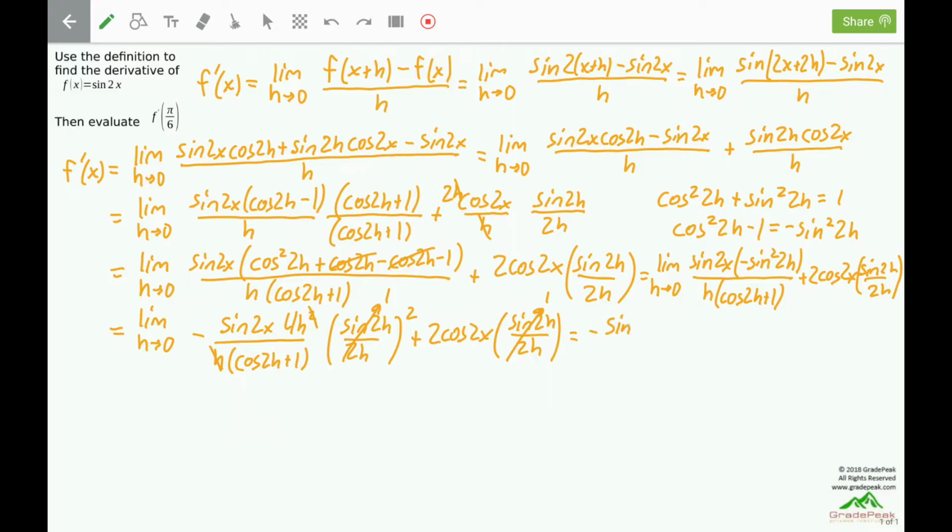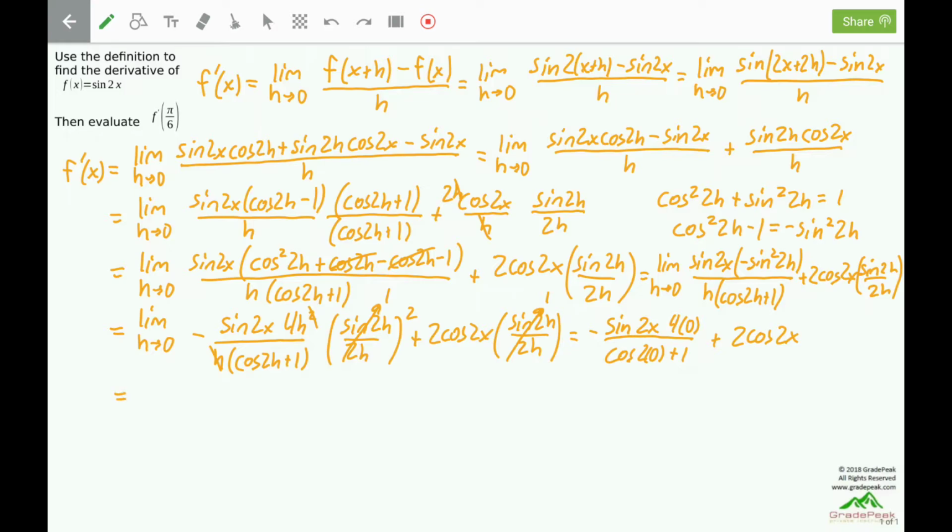So I have a negative sine of 2x times 4 times 0 over the cosine of 2 times 0, and then plus 1, and then plus the 2 cosine of 2x.